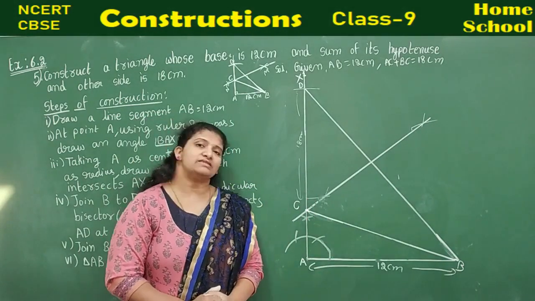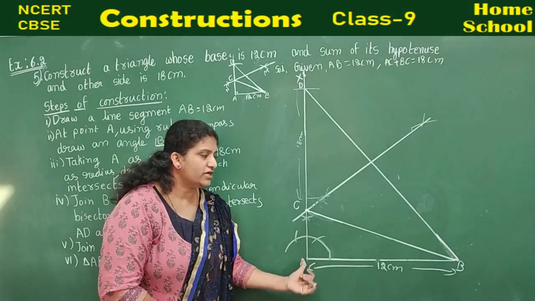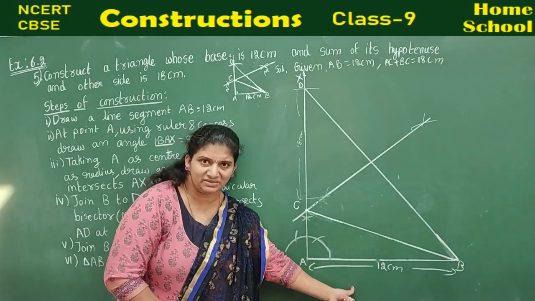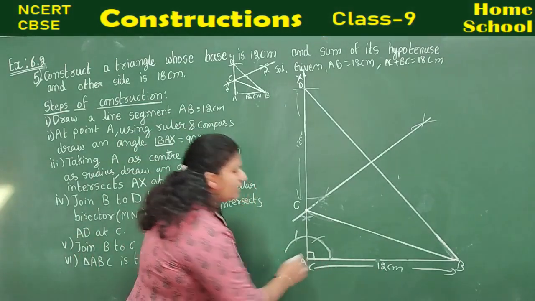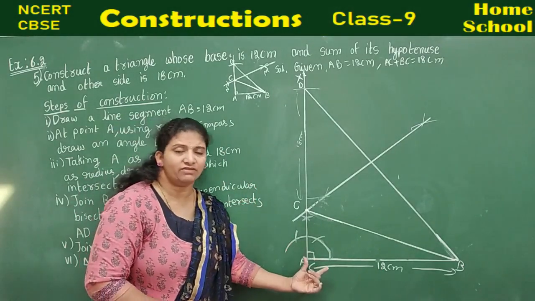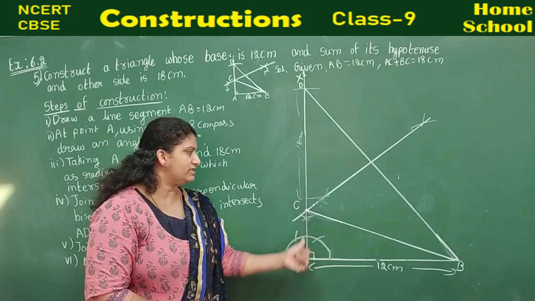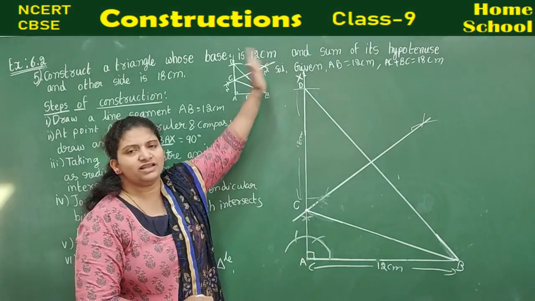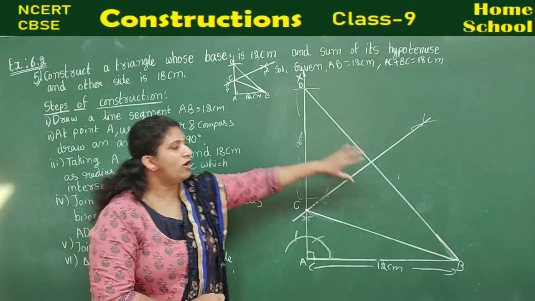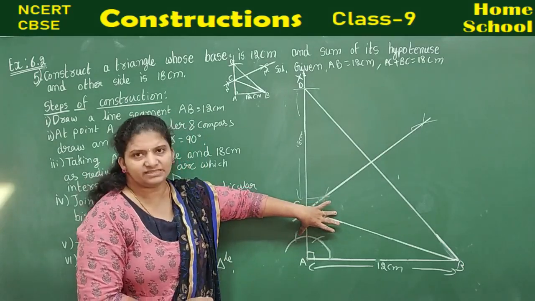Let's go through once again. What did we do? Given base 12 centimeters, draw AB as 12 centimeters. With A as center, do the perpendicular, meaning 90 degrees, with a convenient radius: 60, 120, and the center will be 90. So draw a line and extend it. The sum of the hypotenuse and one side is 18 centimeters.